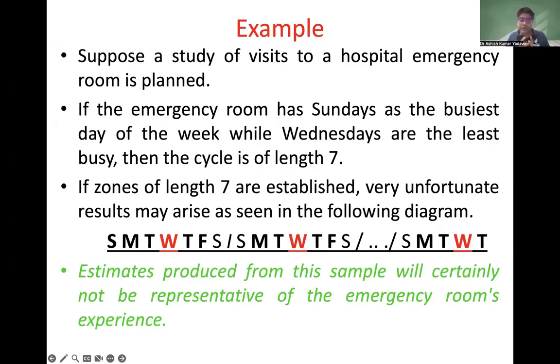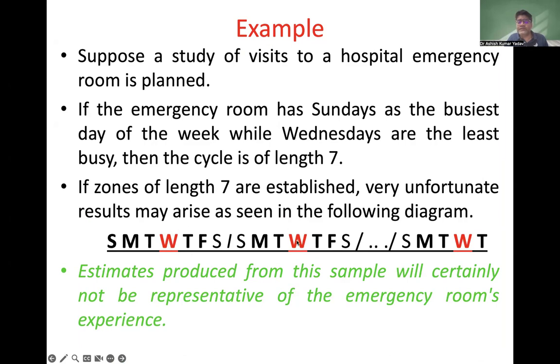Okay. Now, suppose we are adopting this sampling technique for, say, our vaccination coverage. And suppose the vaccination day is generally chosen as, say, Monday, but randomly you have chosen a day which is Wednesday, and you have a sampling interval of 7.